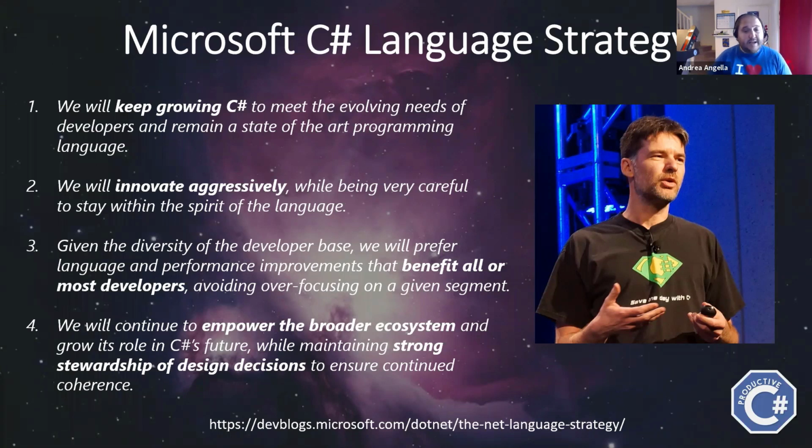But Microsoft still keeps a strong stewardship of design decisions. They welcome input, but in the end they decide what's the future of C#, to preserve the language and make sure that it's growing and becoming even more popular. So that's the strategy that was set in 2017 to make it clear that C# is the de facto key language for running .NET applications.